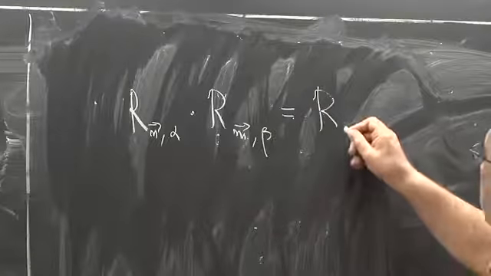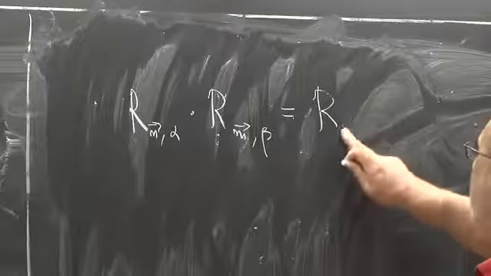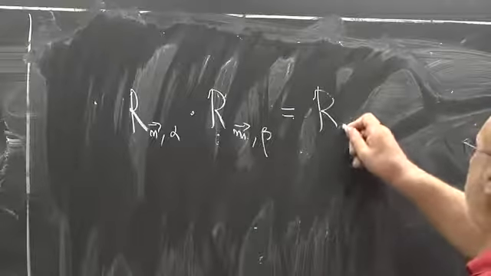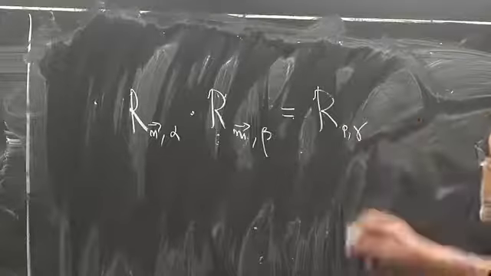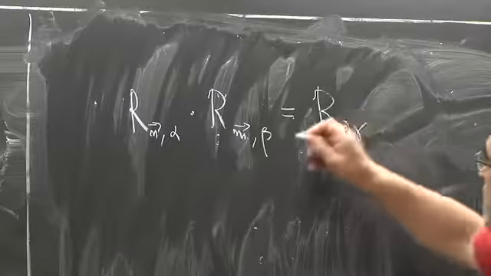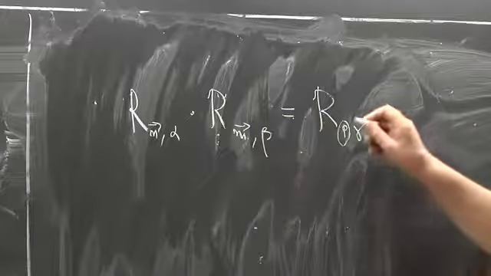Let's call it P of an angle gamma. But I need to find out this one.